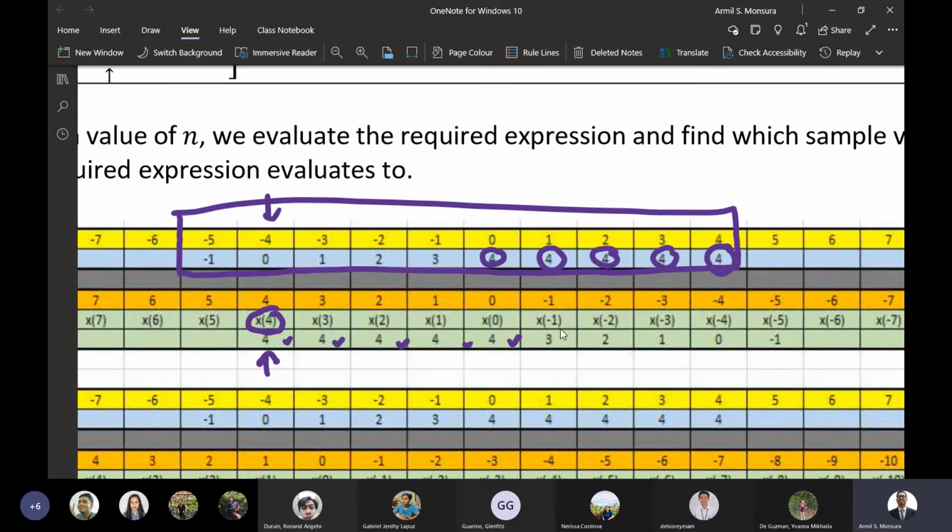Pero ito, x of negative 1 ninyo, ito yung 3. So, parang ito napunta dito, ito napunta dito, ito napunta dito, and so on. So, ano essentially nangyari doon sa signal ninyo?